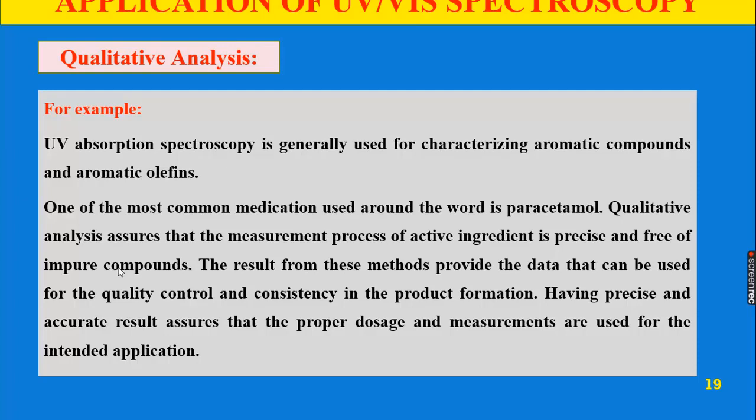If other impurities are present, then the spectra will be changed. So we can say that there is some impure compound or excipient present in it. We also determine the dose. As you know, paracetamol is available in different amounts like 200 milligram, 500 milligram. So we can also measure the dose of the substance by using UV visible spectroscopy.